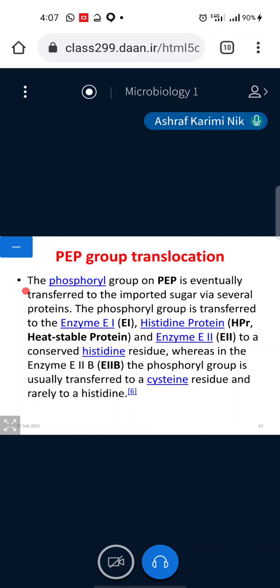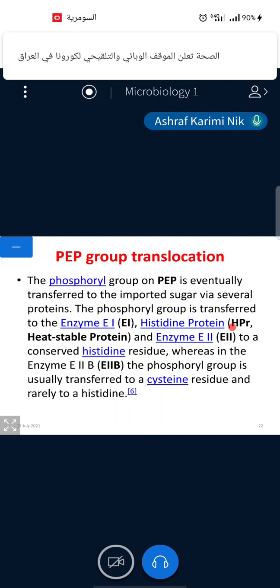The phosphoryl group on phosphoenolpyruvate is eventually transferred to the imported sugar via several proteins. The phosphoryl group is transferred to enzyme 1, then to histidine protein, HPr.